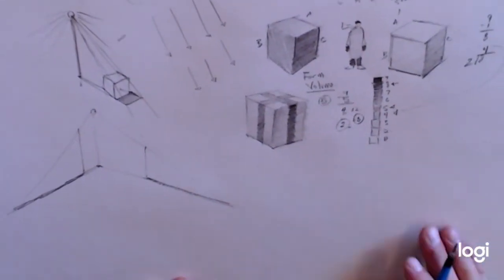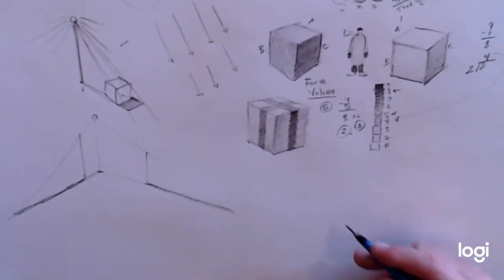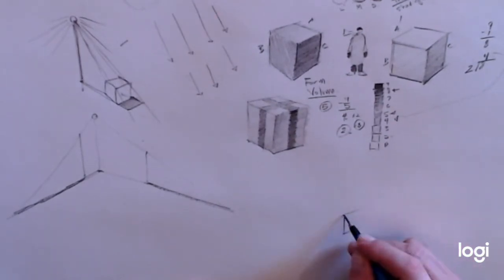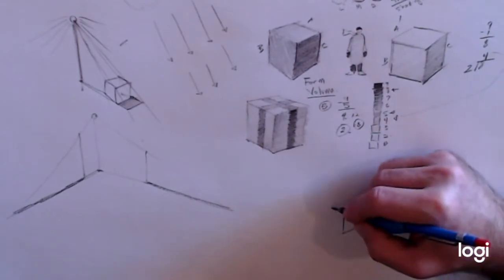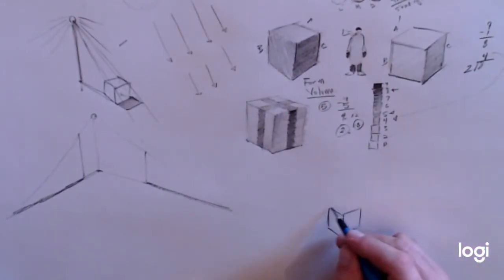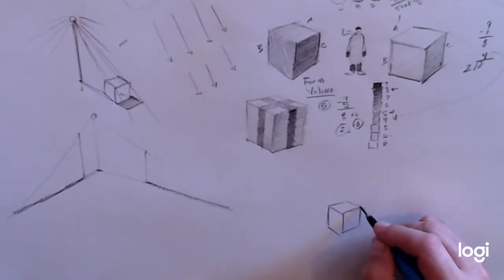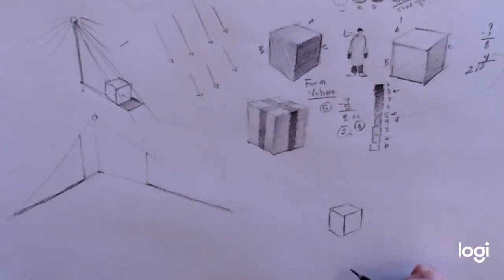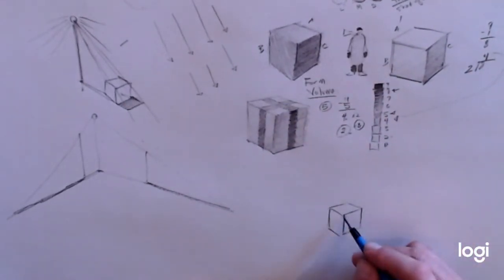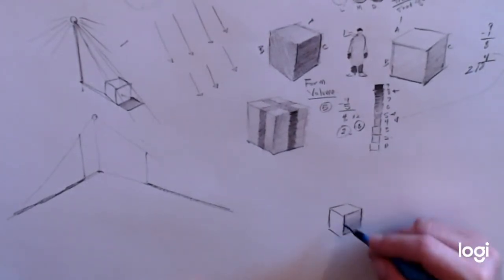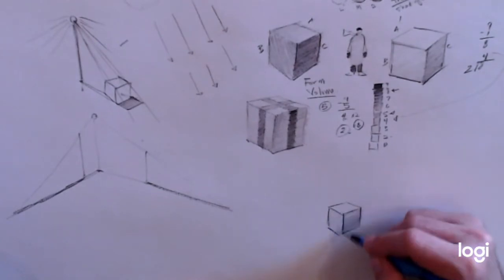So when we're trying to light an object that we're seeing as being in sunlight, we'll just take a cube here. And let's say that its true value is 0. So we'll just put a little bit of shadow on this side, midtone on this side.